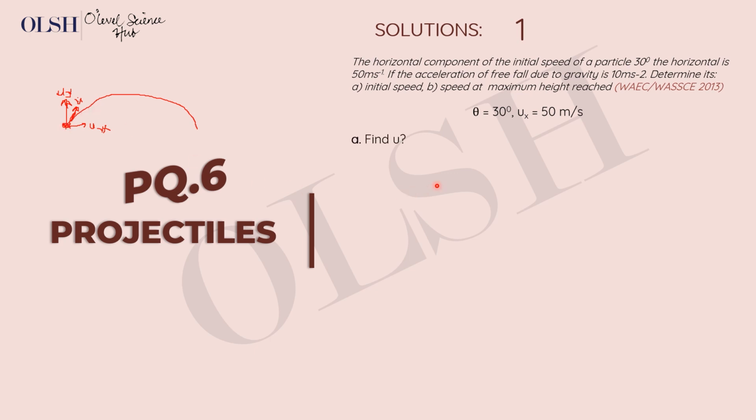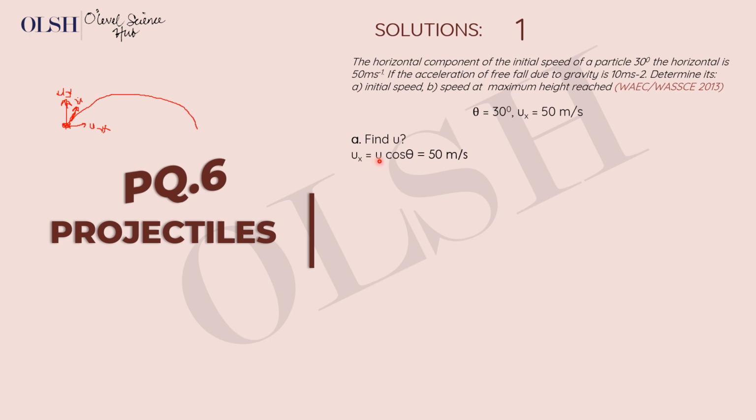To find that u, remember what we said concerning resolving vectors into their components. We can do that by the formula, the vector times cos theta, where theta is the angle the vector makes with the x-axis. And we're already told that this particle is projected at 30 degrees to the horizontal, so our theta is 30 degrees.